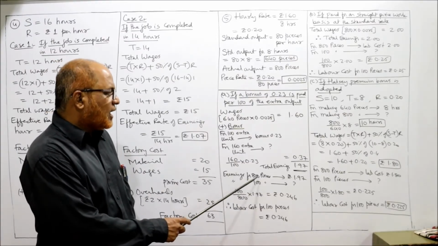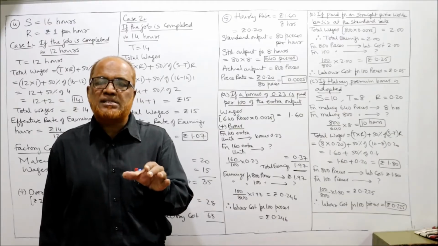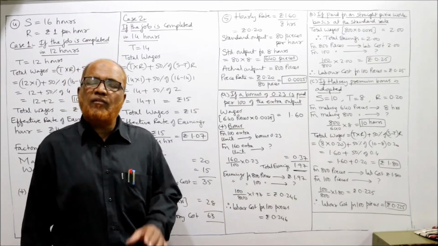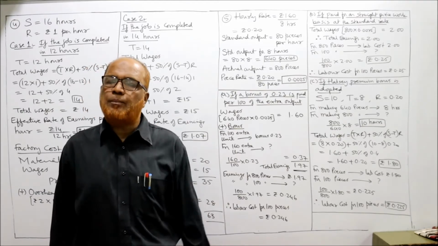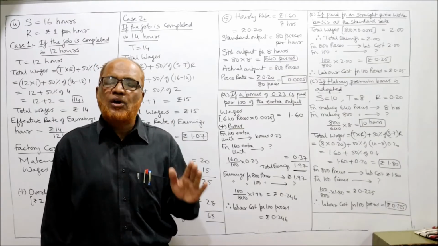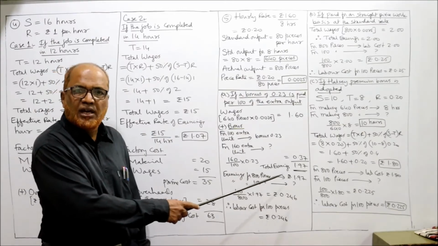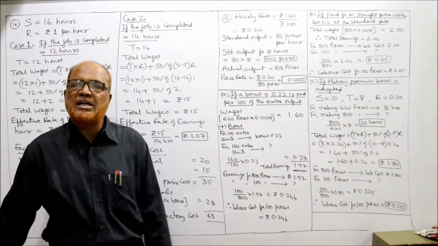Now earnings for 800 pieces. By making 800 pieces, he got total earnings of 1.97. Now we want the labor cost for every 100 pieces. It is asking in the problem, what is the labor cost for 100 pieces? For 100 pieces, how much would be the earnings?